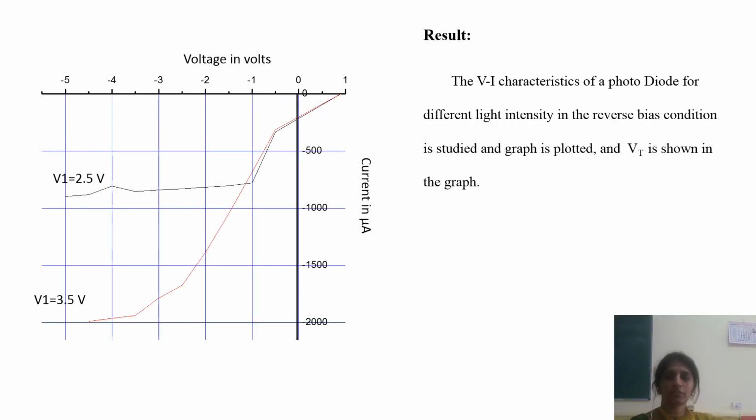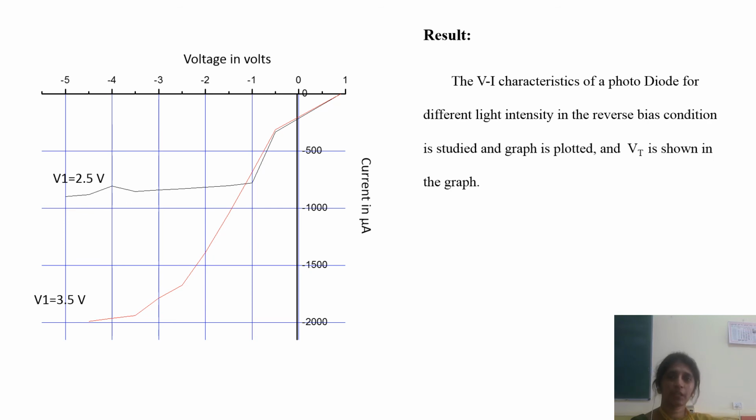After taking the readings, we need to plot the IV characteristic. Here on the x-axis I have taken negative voltage, and on the y-axis I have drawn negative current. For 2.5 this is the curve I have obtained, and for 3.5 this is the characteristic I have obtained.